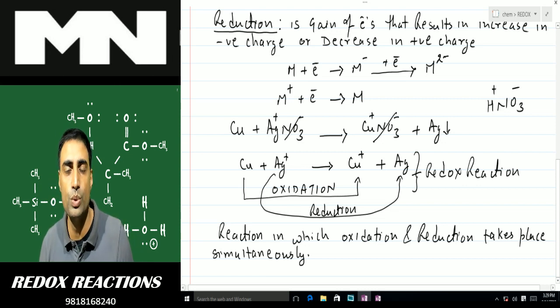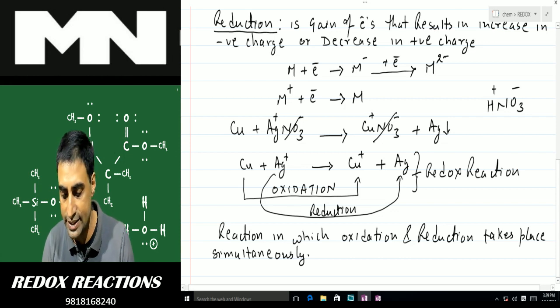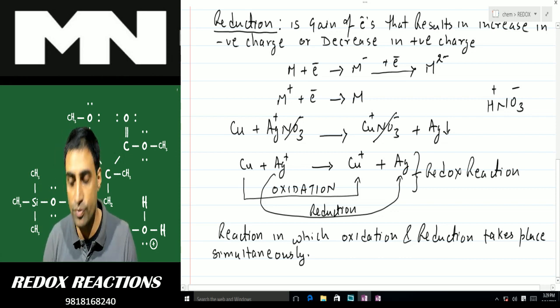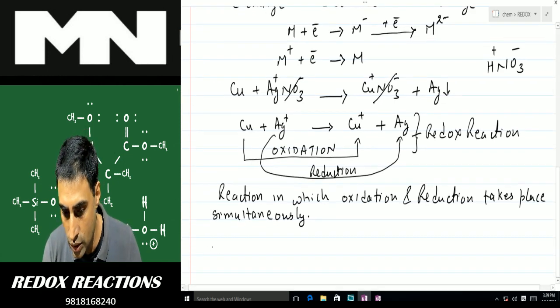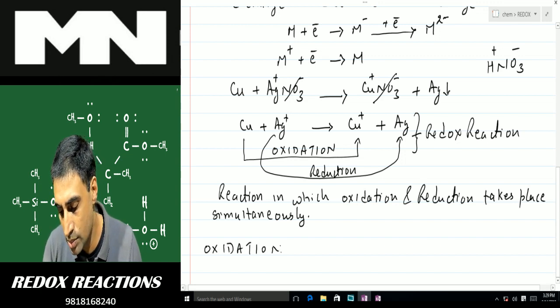So reactions in which reduction and oxidation takes place simultaneously are known as redox reactions. Now before proceeding with the redox reaction, we'll first see what is an oxidation number.